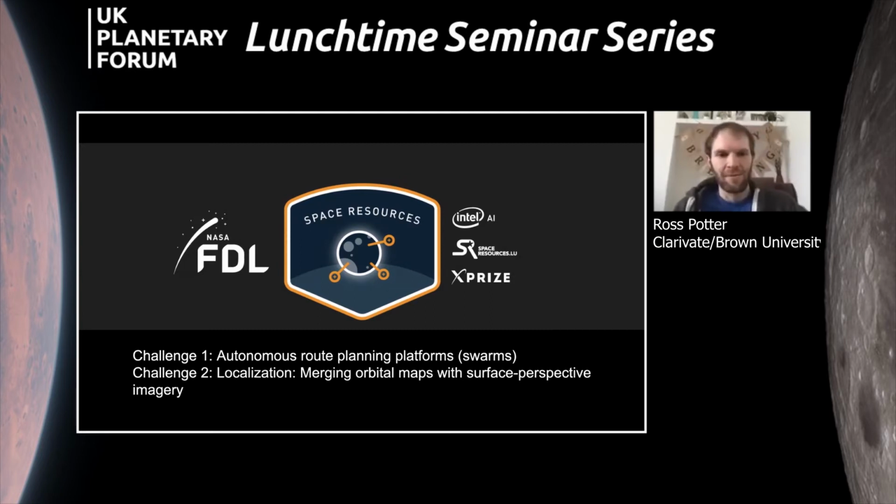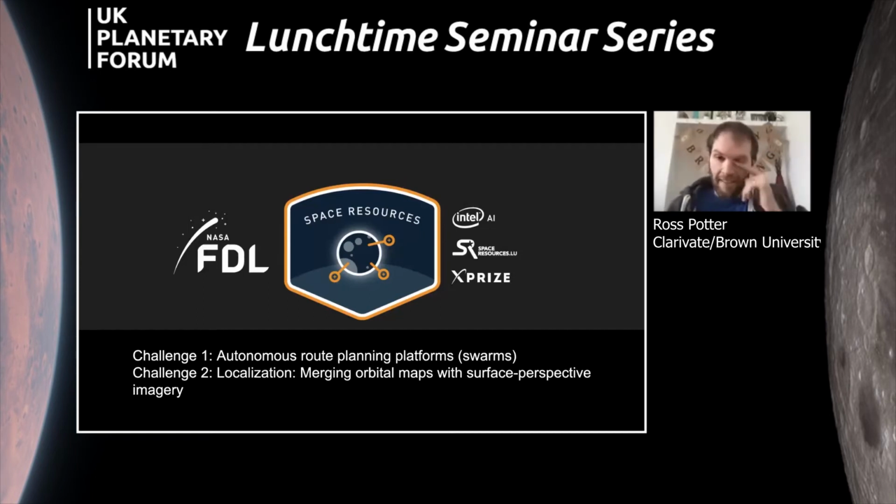And the second challenge, which was the one I was involved in, and we'll talk about more in detail in a few more slides, was looking at rover localization, specifically tying this together using orbital maps with surface perspective imagery.